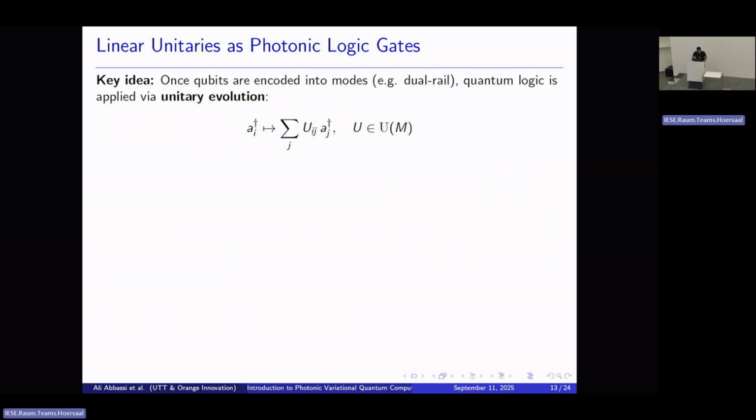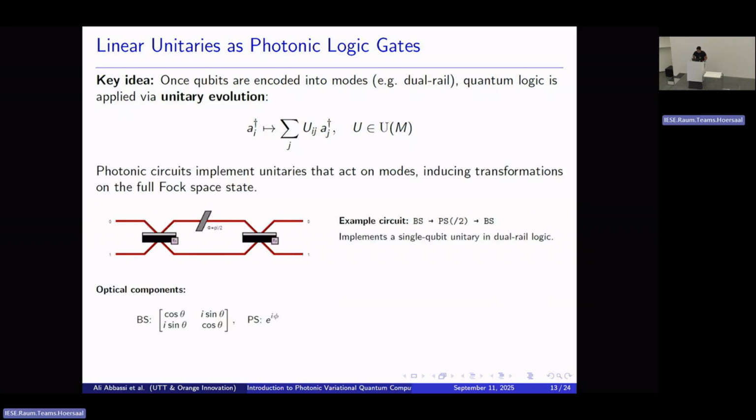And finally, now that we have a notion of quantum state that we can map to a qubit state, we can introduce the notion of unitary that is going to be our gates. The unitaries here are compositions of optical components. The optical components we use are called beam splitters and phase shifters.